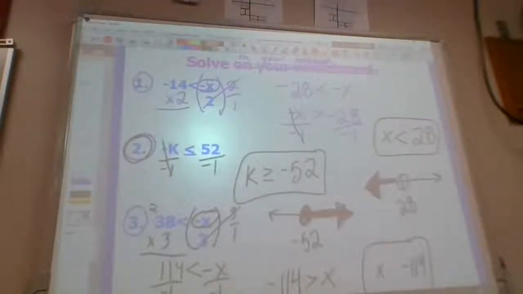There, where's yours? You got good practice switching it around along with graphing it. Cool, I like it. Negative 114. Hey, that's really good. Now graph it. That's good. Oh yeah, you just want to make sure you flip that around.